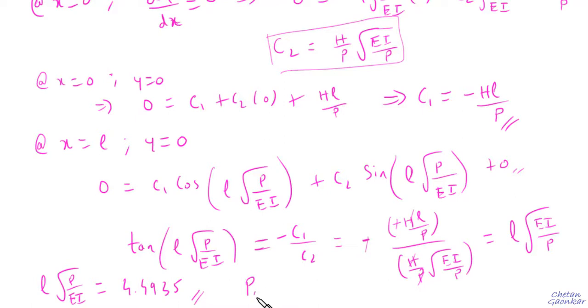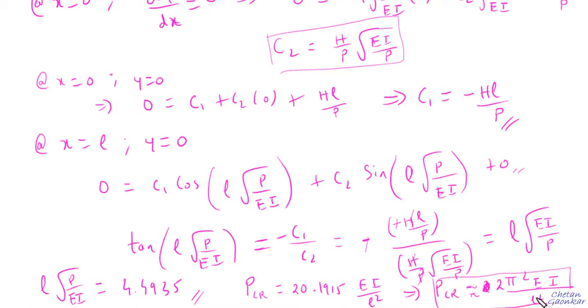P critical will be approximately equal to 20.1915 EI by L square. So again I can write this P critical as approximately 2 times pi square EI divided by L square.